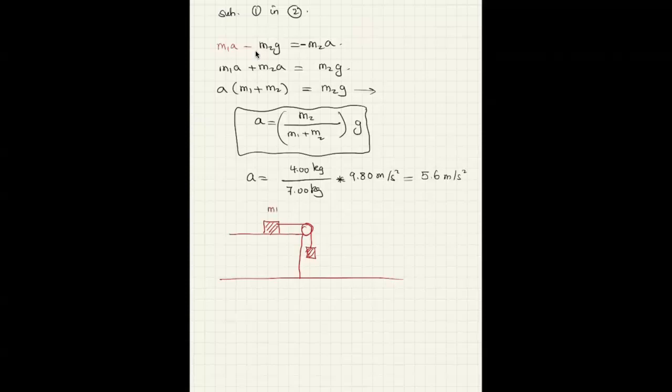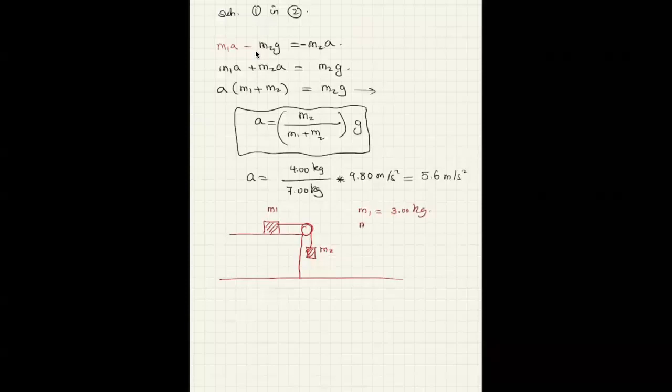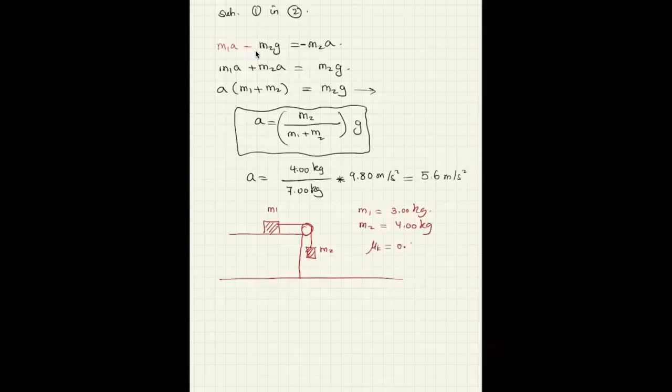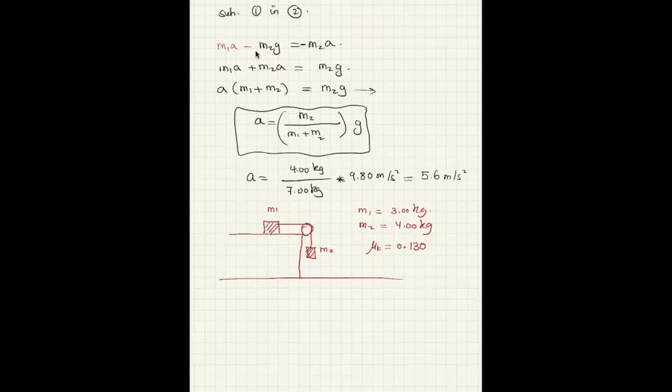Then this is M1, M2, the same numbers. M1 is 3 and M2 is 4, but I'm gonna add that the mu k is, let's say, 0.13. And then this is really the thing that I will use for this coming question.